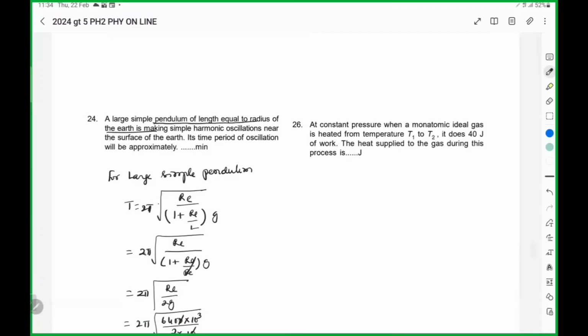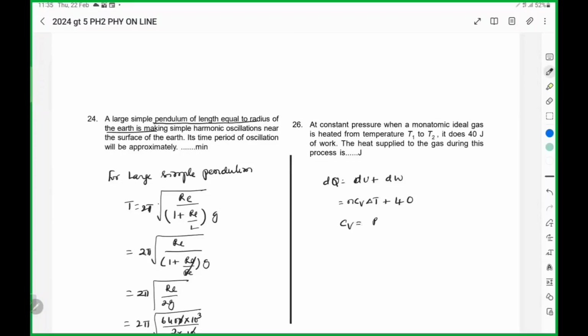At constant pressure, a monatomic ideal gas is heated from temperature T1 to T2, it does 40 joules of work. So at constant pressure, where dQ is dU plus dW, then Cv delta T, it does 40 joules of work.